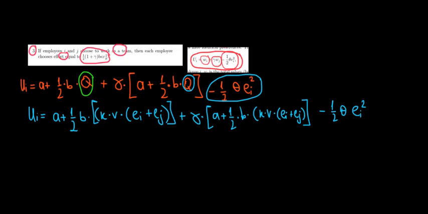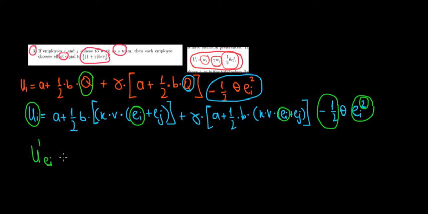Now we have a utility of individual I based on his effort, because we have the effort in this term, here, and over here as well. And we can see that again we have this quadratic function with a negative coefficient. In other words, we will have a parabola when we're looking for the maximum point. So we want to differentiate the utility with respect to the effort, and that derivative must equal 0.